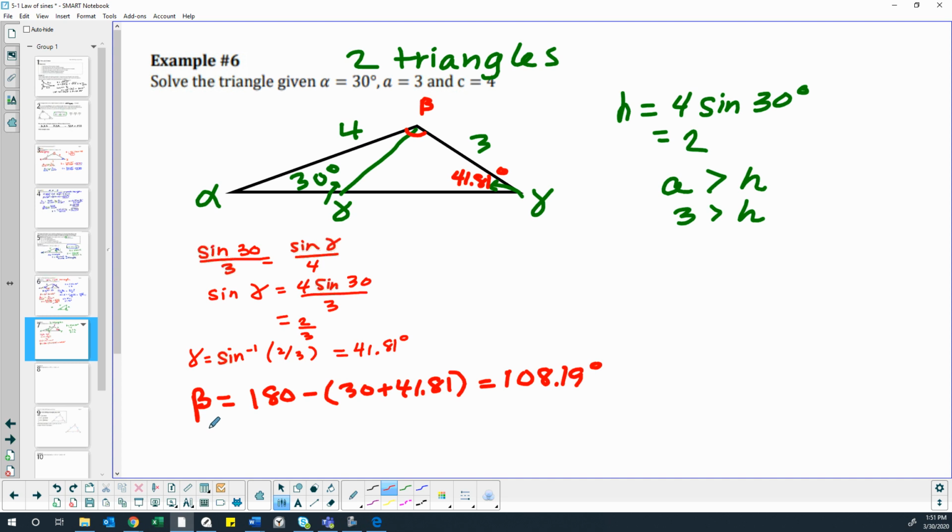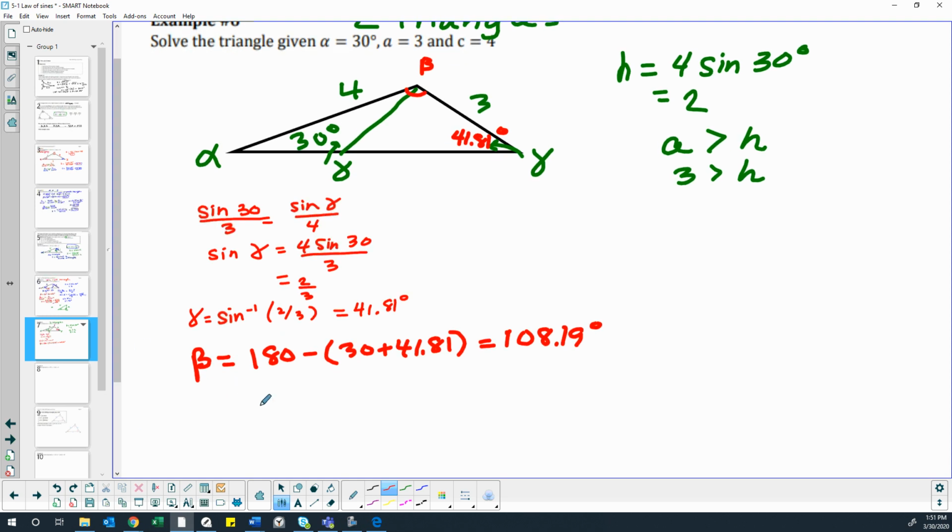Okay, so what's the last thing we have to find? And should we use A and alpha or C and gamma? Doesn't matter. So 3 over sine of 30.